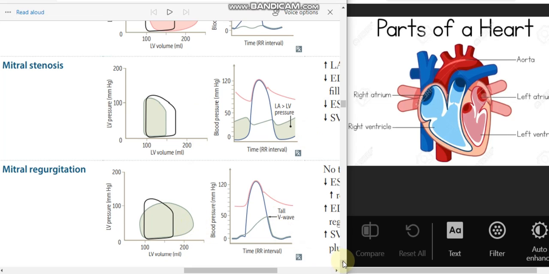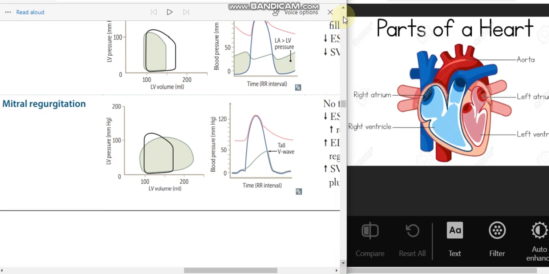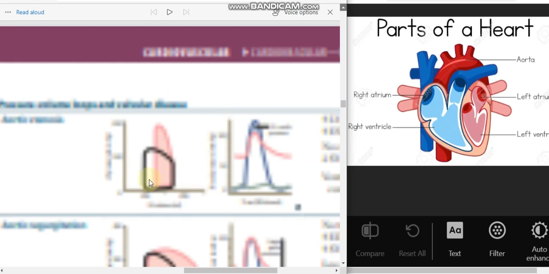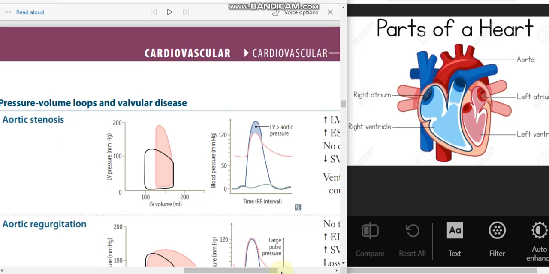So that's it. We will summarize once again, and you have to remember the graphs. The first one is aortic stenosis, the afterload increase graph.